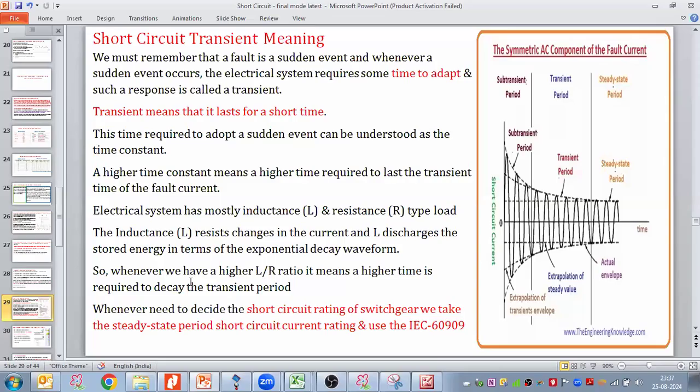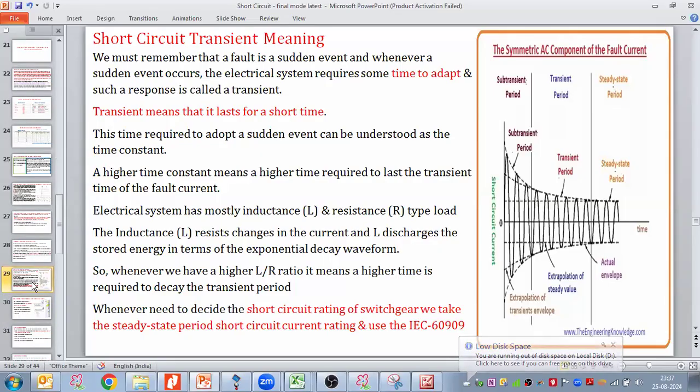So whenever we have a higher L/R or X/R ratio, it means a longer time is required to decay the transient period. When we need to decide the short circuit rating of switchgear, we take the steady state short circuit current and use 60909, because the transient lasts only for 3, 4, or 5 cycles. So we require the steady state.